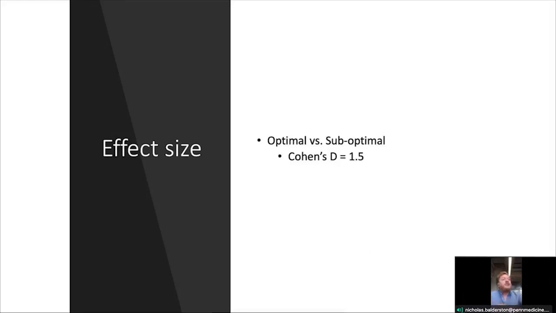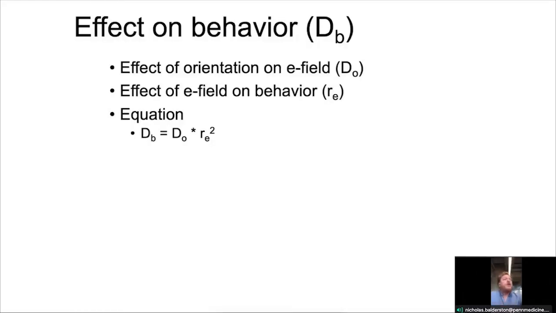Now the question is, assuming that the magnitude of the E-field at the site of stimulation is in some way predictive of behavior, how many subjects do we need to detect that sort of an effect? I don't have prospective data on this right now, but I did my best to estimate what we might expect that effect to be using this equation.